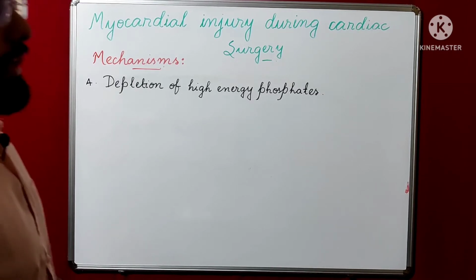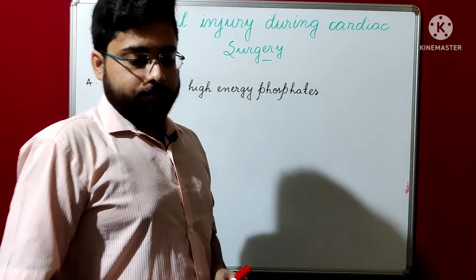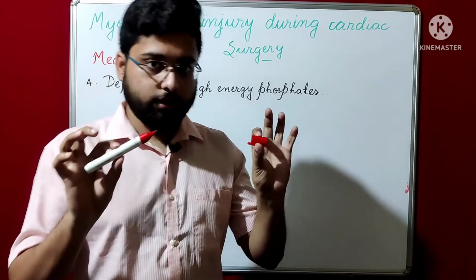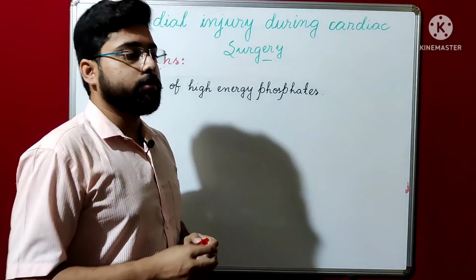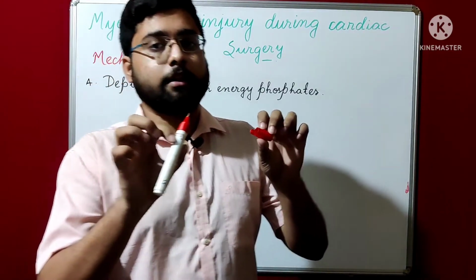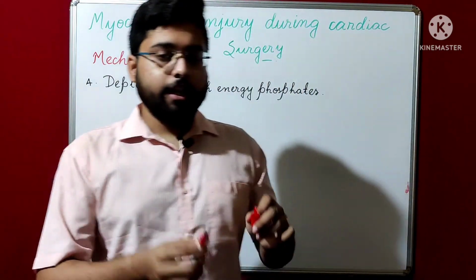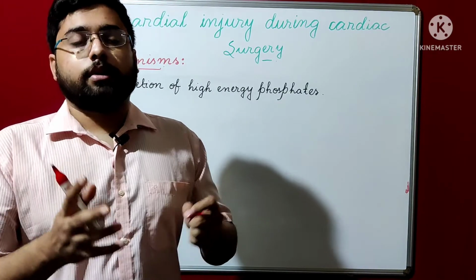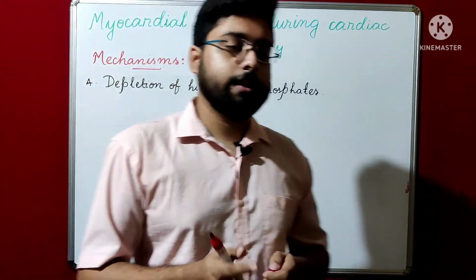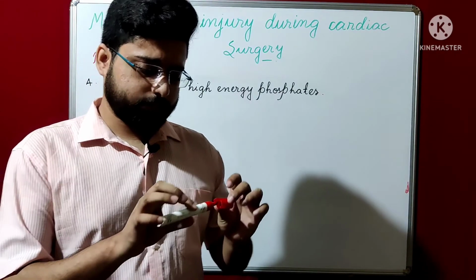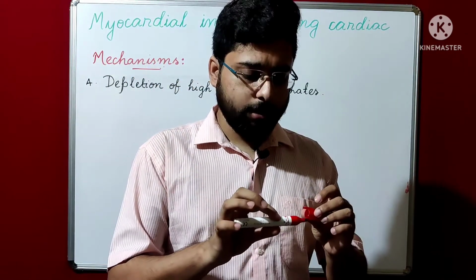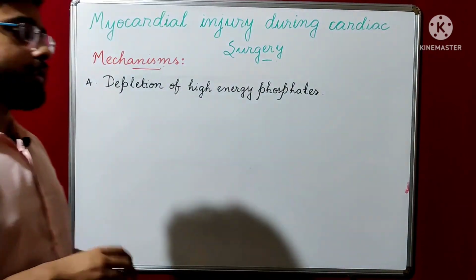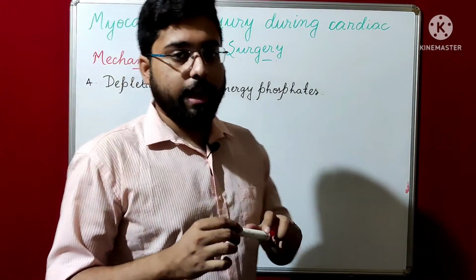That means ischemia is breaking down the ATP. Think this is ATP. If ischemia is breaking it down, these are the two breakdown products. So when we are reperfusing, these two breakdown products are washed out. If they were not washed out, then when the heart again gets its blood flow, gets its oxygen, the conversion to ATP would be very much easier and very much rapid.